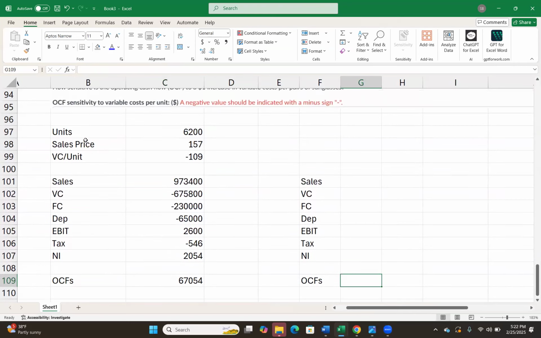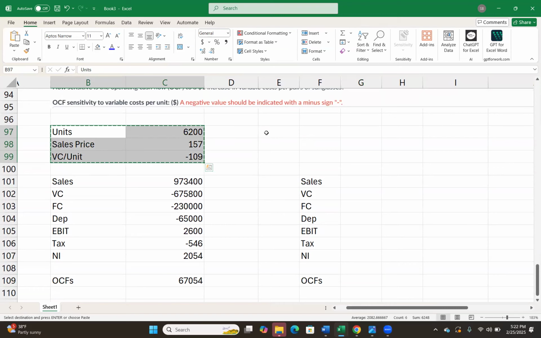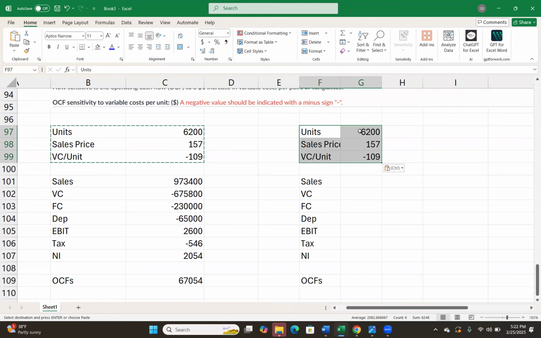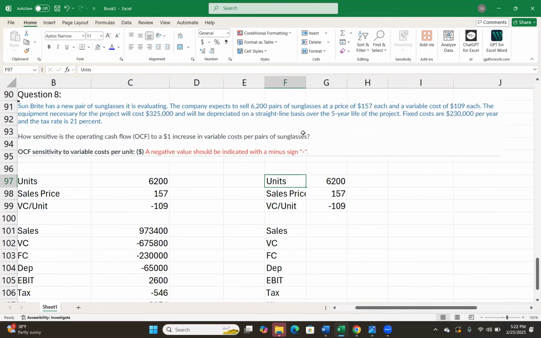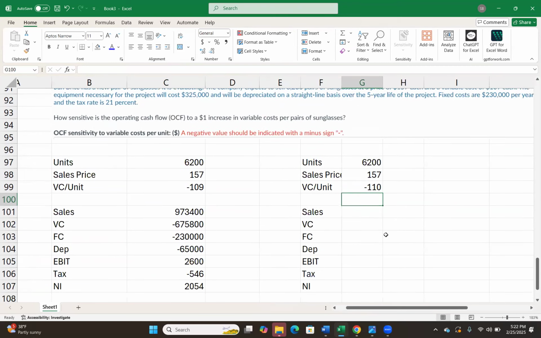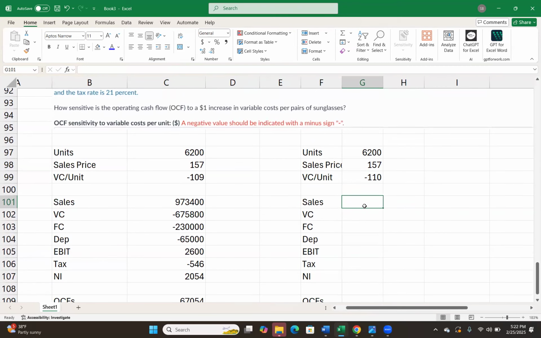Okay, now I'm going to do the same thing over here. The only difference is my variable costs are going to increase $1. So this is now going to be negative 110. Does that make sense why I did that? They increase $1 per shoe.